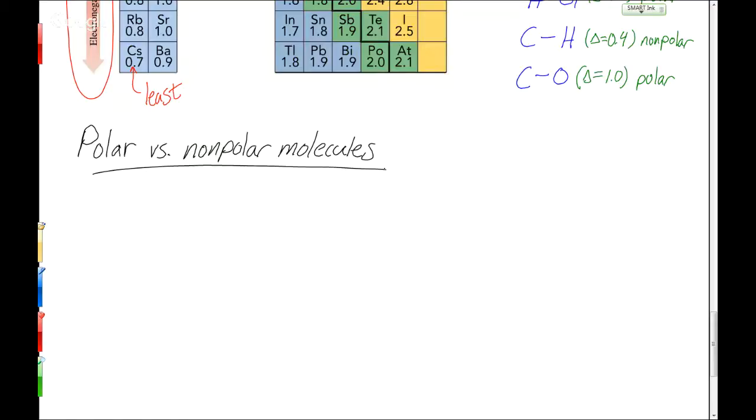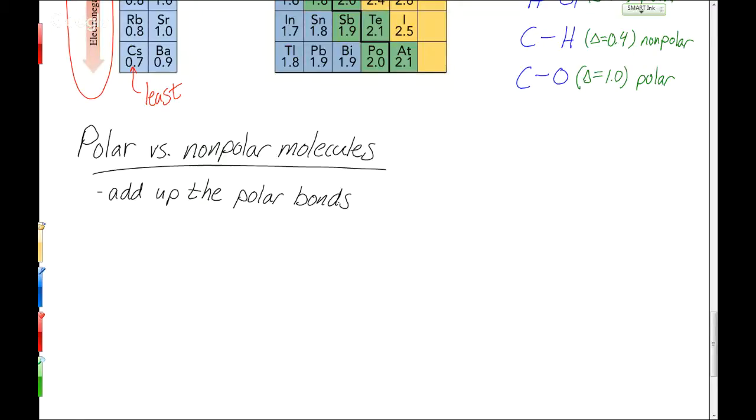To determine if a whole molecule is polar or nonpolar, you have to add up the polar bonds. So if it only is made up of nonpolar bonds, like it's only made of C and H and there are CH bonds and we know that's nonpolar, then we know it's nonpolar and we don't have to do anything. But if it has polar bonds, we need to add up those polar bonds and decide if it's overall polar or not. So let's use water as an example.